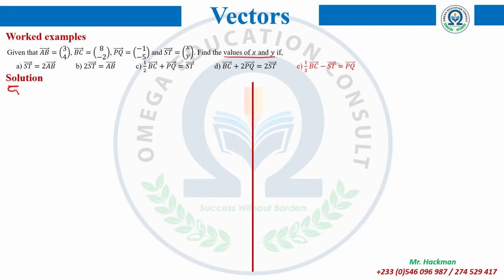So I will start by writing given, or you can ignore the given, but you cannot ignore extracted. So given the vector AB is a column vector with component (3, 4), the vector BC with the component (8, -2), the vector PQ with the component (-1, -5).